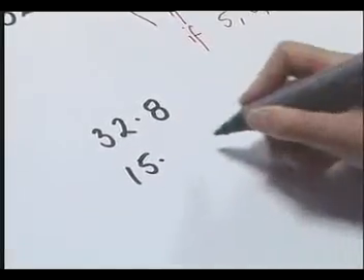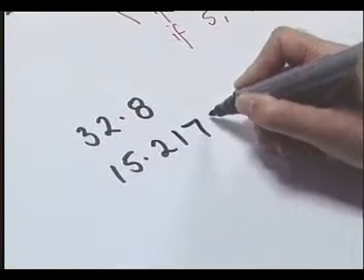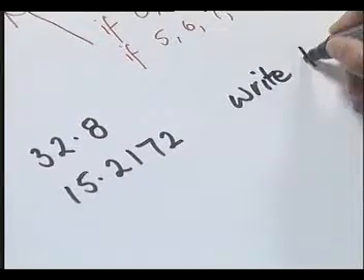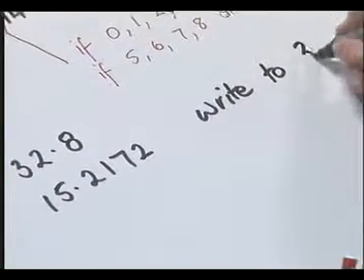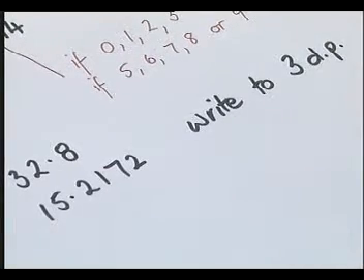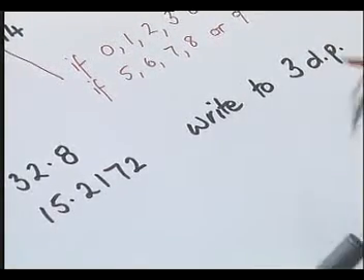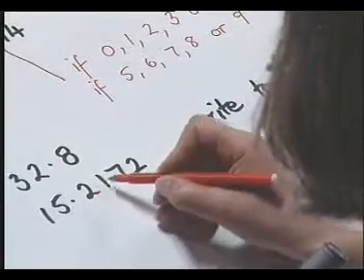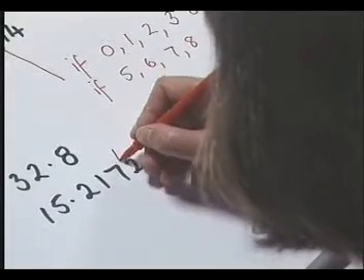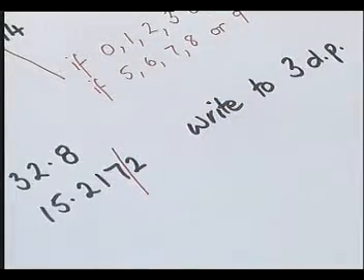Let's have a look at some more examples now. Let's write 15.2172, and we're going to write it to 3 decimal places. Well, again, I'm going to take my line, 3 decimal places, 1, 2, 3 places, and put the line where I want to chop it off.